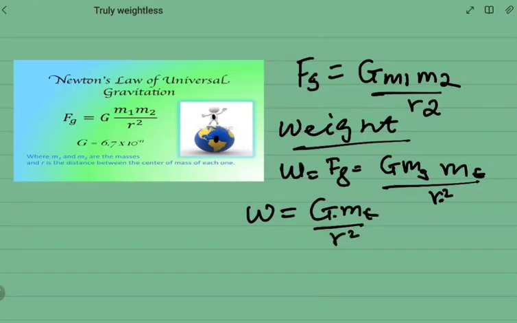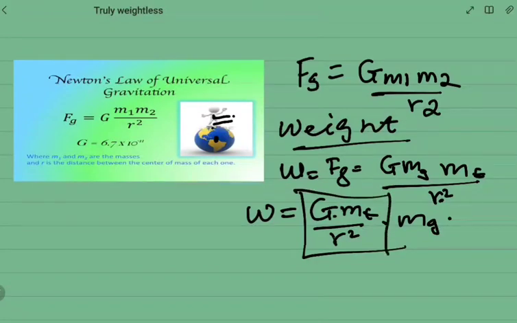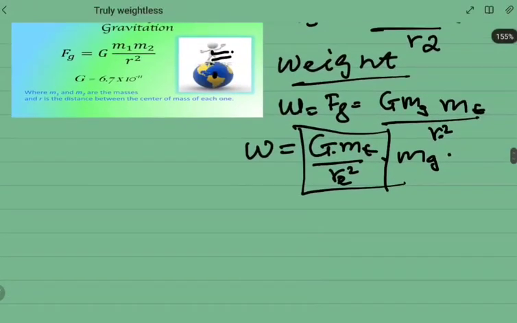Compared to the earth's radius, the distance of the guy from here to here is very small, so we can just take the radius of the earth, times the mass of the guy. Now, the gravitational constant G times the mass of the earth divided by the radius of the earth squared is going to give you the acceleration due to gravity.